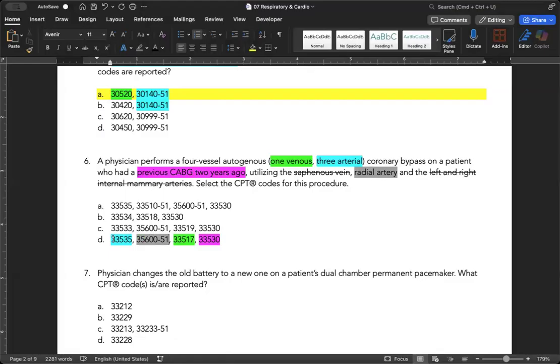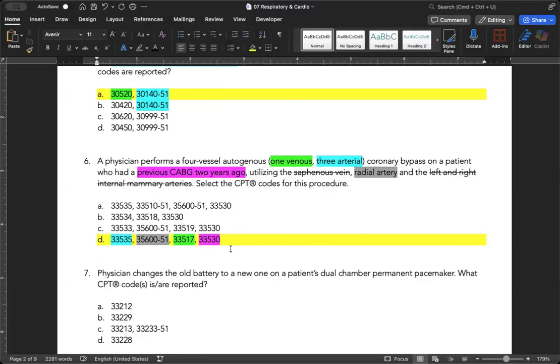Now, if we're looking at this, we obviously knew what our answer was a long time ago, right? But why do we only have one procedure that has the modifier 51? Why are we not reporting the modifier 51 on the 33517 or the 33530? What type of codes are those?